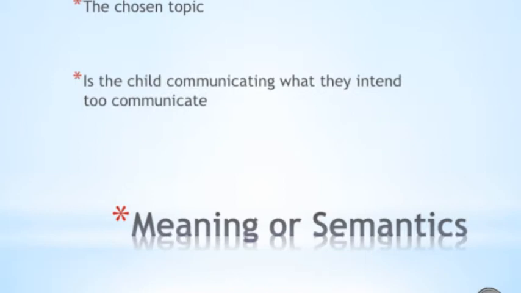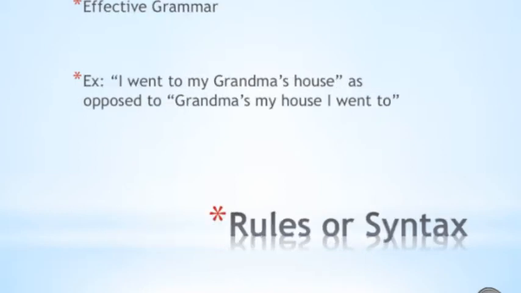Next is rules or syntax, which is very directly proper use of grammar. It involves the difference between possession and pluralization, as in "I went to my grandma's house" or "I went to my grandmas' house."